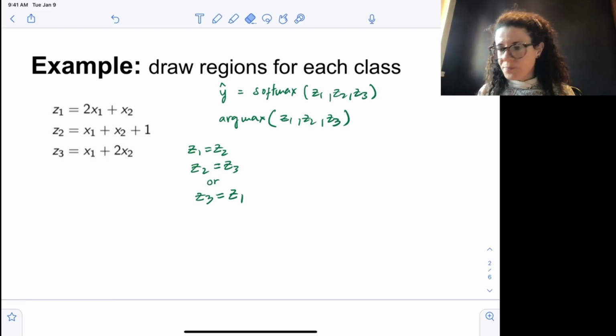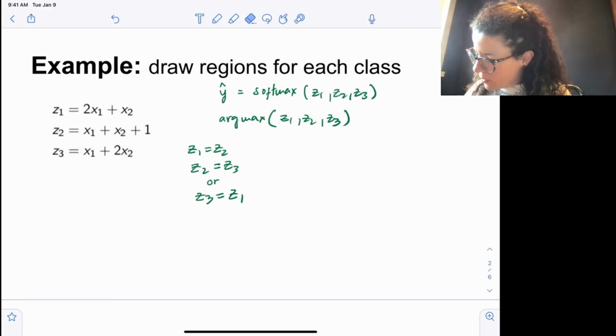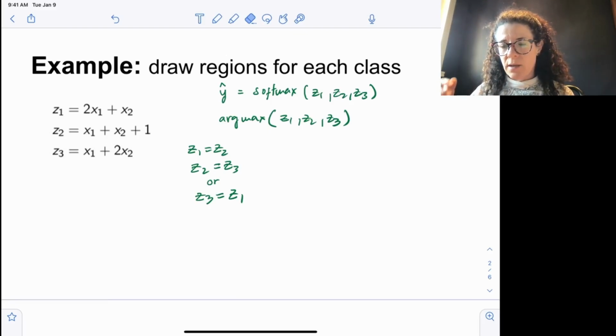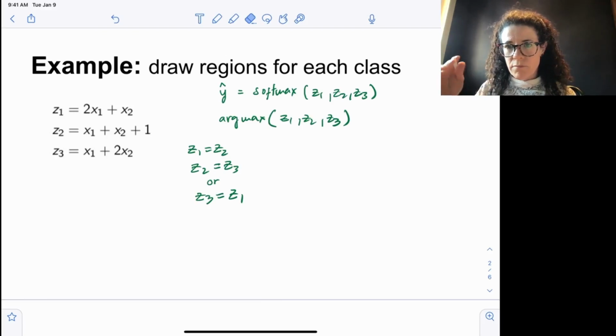The first thing we have to do is to understand these equations: z1 equals z2, z2 equals z3, and z3 equals z1, in our space R2. We're going to draw those boundaries, and then figure out in each of these regions what class it belongs to.